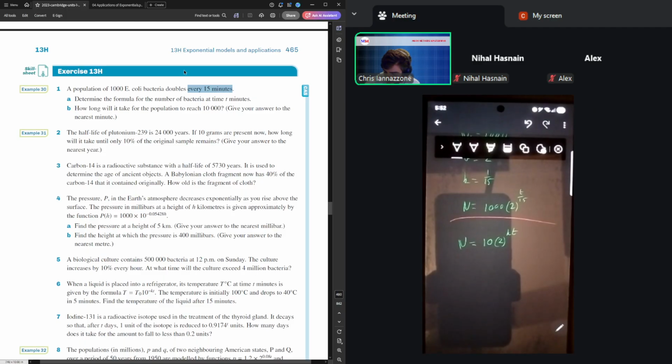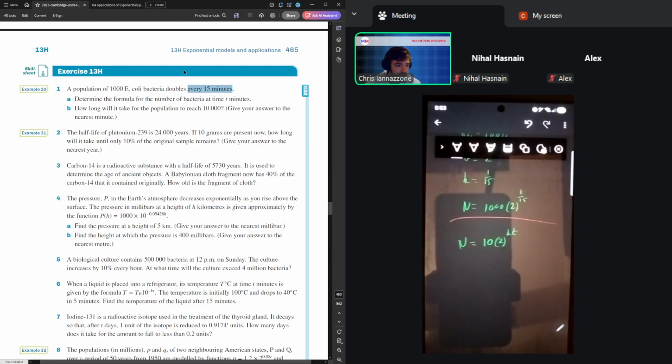Which is a good point to emphasize: we need to make sure we have an equation before we can answer pretty much any question. You'll notice I haven't even read what they're asking us to do yet. I'm just focused on creating the equation first. So to solve for k, we're told the half-life is 24,000 years. That means that in 24,000 years from t equals 0, we will have half of whatever we started with.